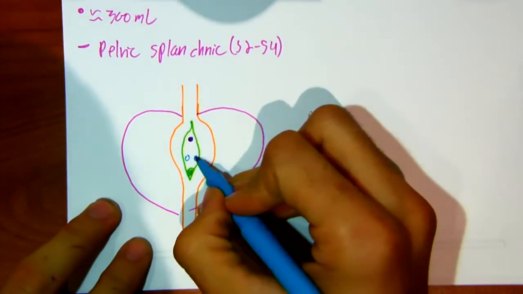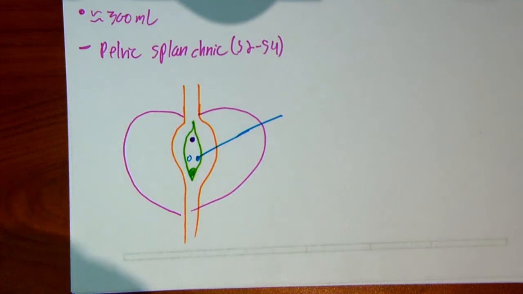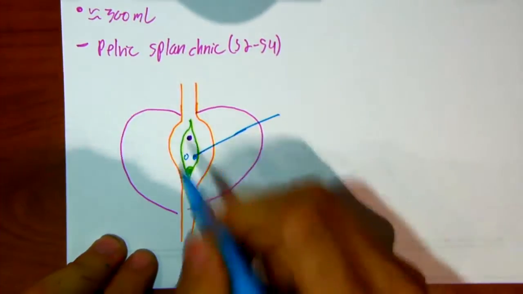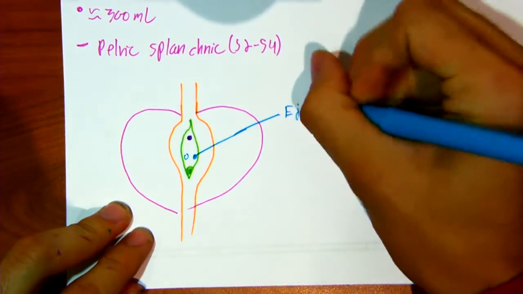Do you guys know what these two little circles here are? Entrances of the ureters? All right, so that's why I wanted to hit this. These two are actually the ejaculatory duct openings.